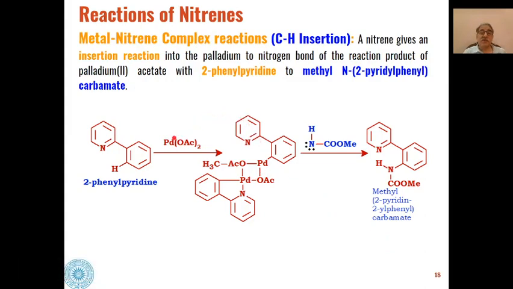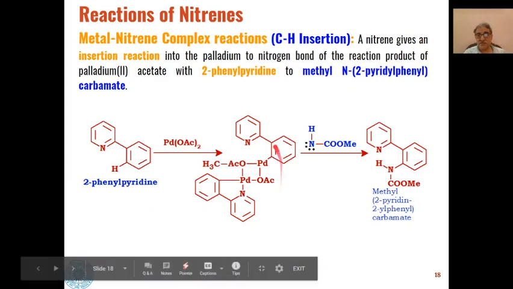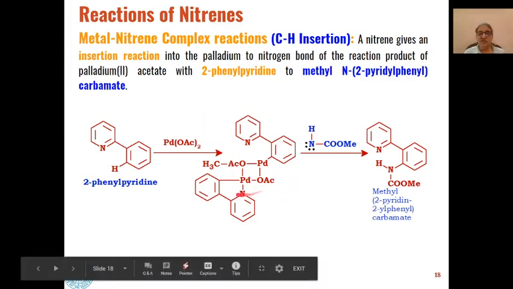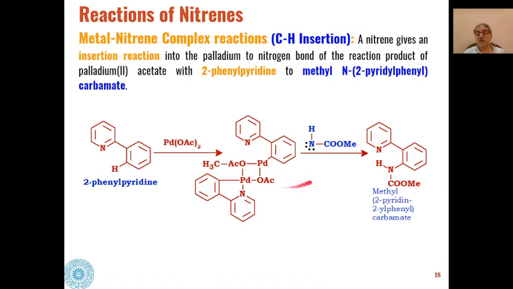Then another example where palladium acetate is used: 2-phenylpyridine, when reacted with palladium acetate, will form a complex of this type. Two molecules of 2-phenylpyridine react to form a complex with palladium acetate, and to this complex the nitrene will be inserted in these positions where the carbon-palladium bond is there.